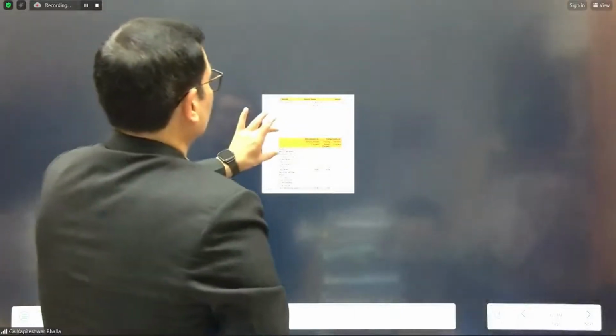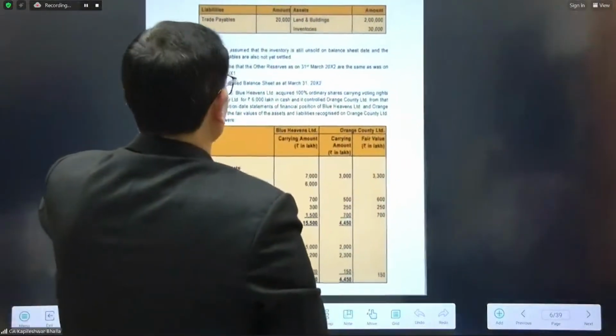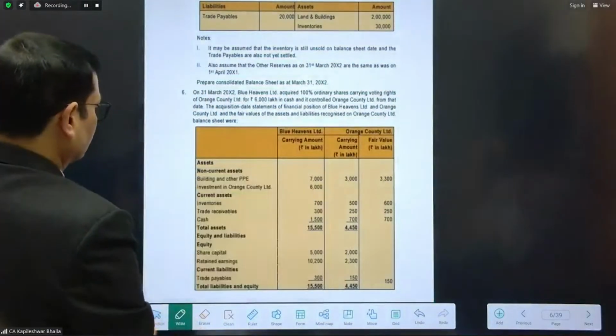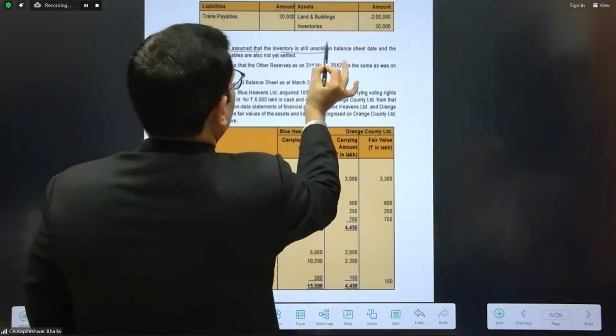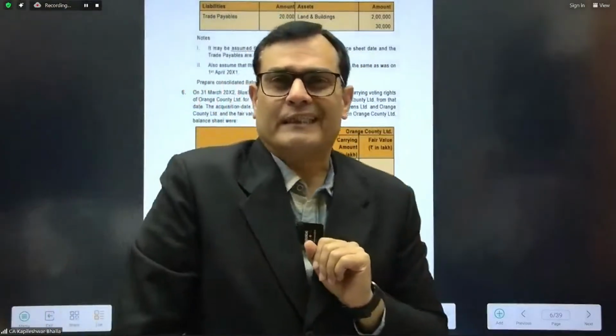Then after giving you the fair value adjustments, I am given more inputs, and this is something which is given in the notes. It may be assumed that the inventory is still unsold, because if the inventory is already sold, then I would not consider the fair value increase in the balance sheet.